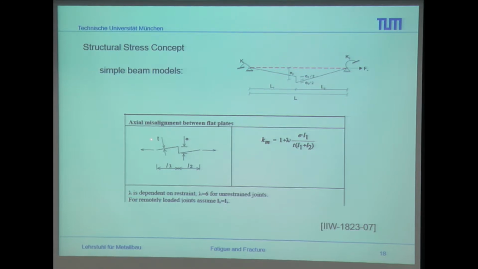For example, you know your thickness t, the axial misalignment e, and the lengths L1 and L2. At the end, depending on the supporting, stiff or fixed or simply supported, you can choose a k_m and get information about the stress increase next to your joint.